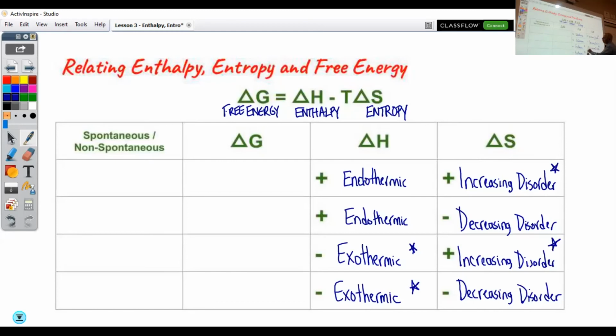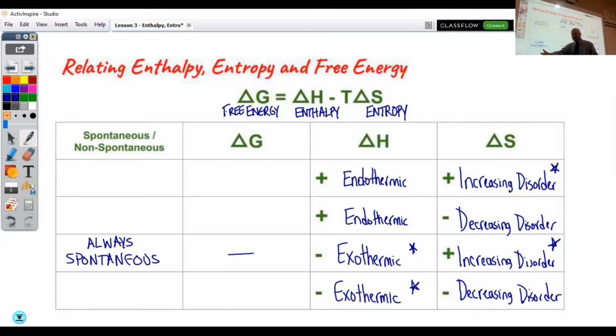So when you have an exothermic reaction, so you have a negative value for delta H, and you have a positive value for delta S, this is going to result in a delta G that is negative all of the time. So we're going to put here that this reaction is always going to be spontaneous. This is your best case scenario for a reaction to occur.